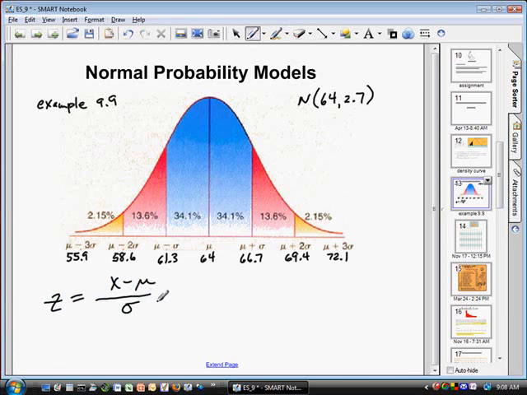Okay, you should remember that formula. In this case, we're going to use what? The 68 first of all, minus the mean, divided by the standard deviation.